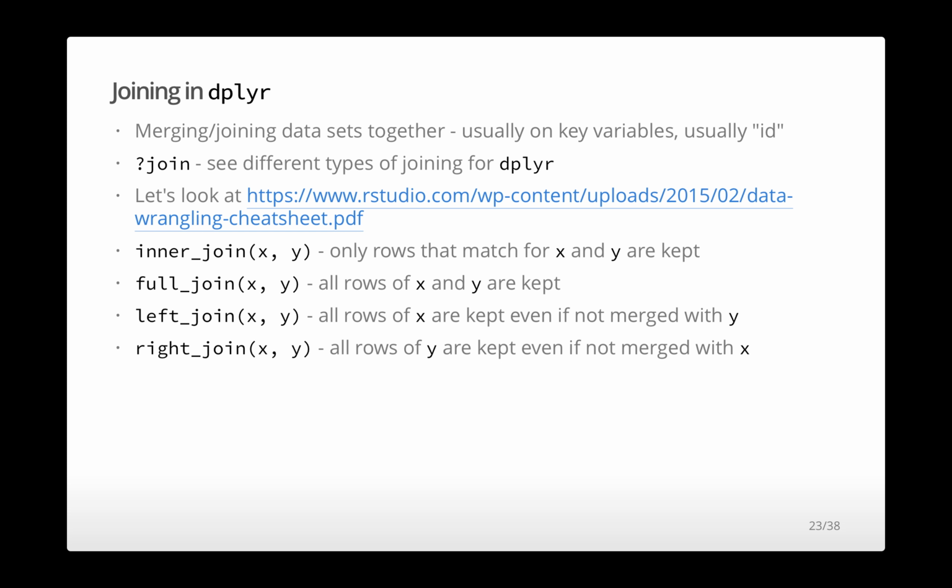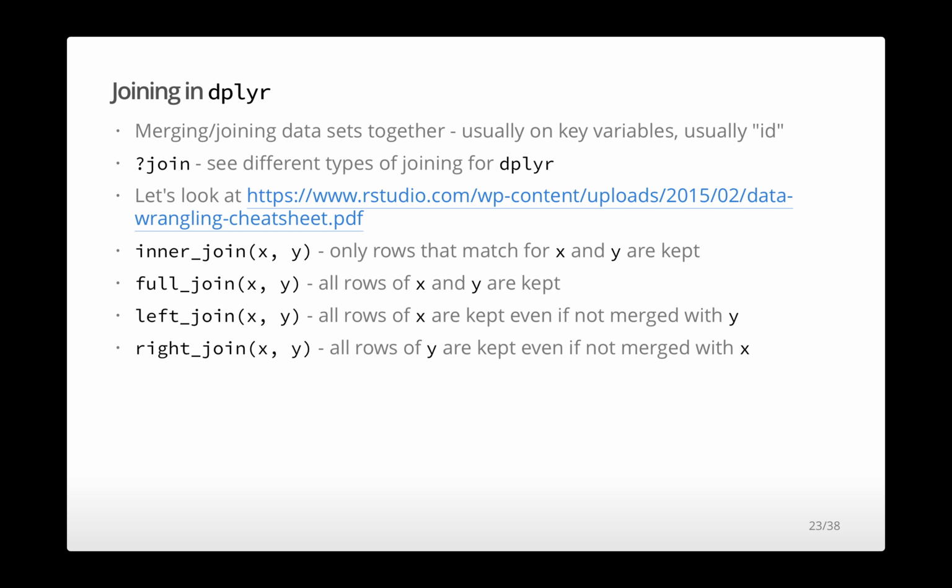Or if they're the same name, because before we had Haven, we were merging the labels and the values for DHS data. It gives like a dot x or something. So by default, these will do the intersection of the column names. So if x has a column name age, y has a column name age, they have to be exactly the same case, right?